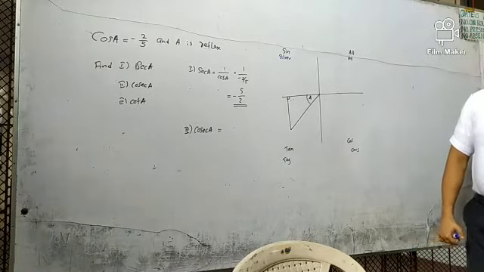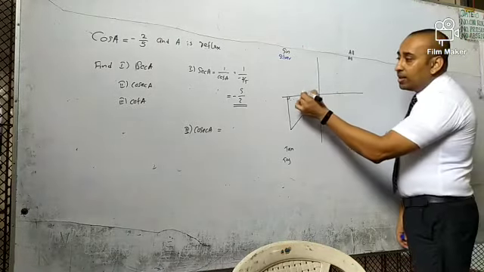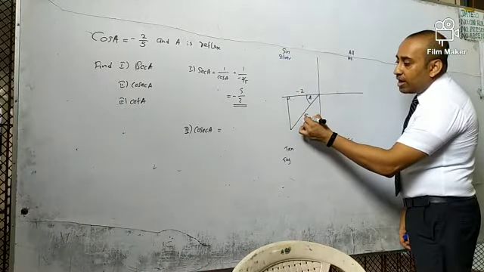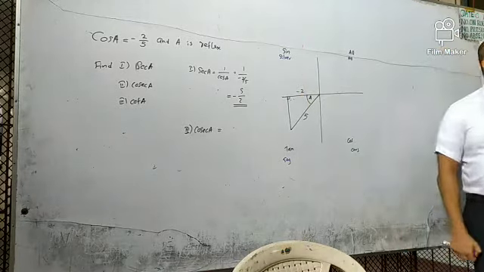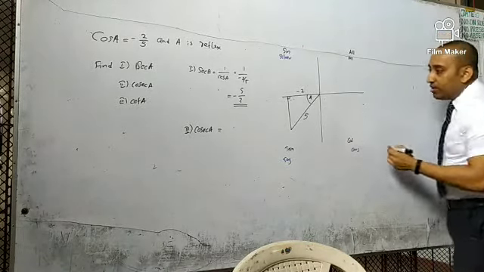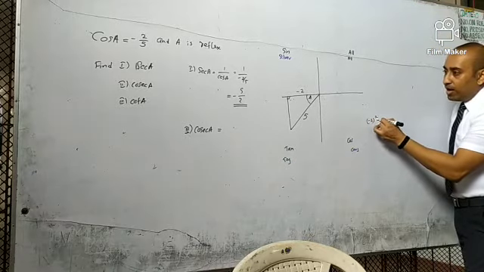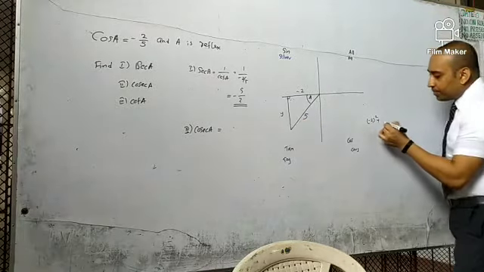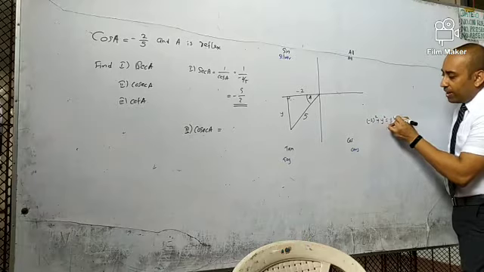Then it's minus 2 over 5. So you can mark this is minus 2, this is 5. Remember that the hypotenuse is always positive. Now if you apply the Pythagoras theorem, what do you get? Minus 2 squared plus y squared is equal to 5 squared.